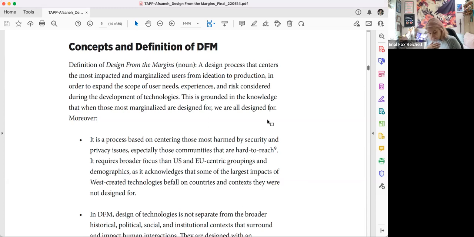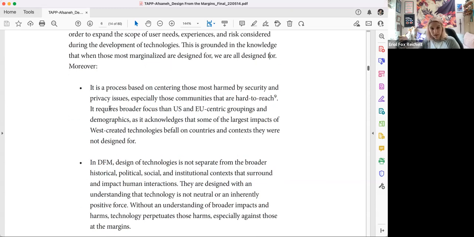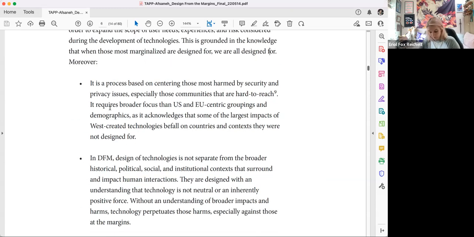I've put a note at the bottom of this page. It's a question, essentially. These two sections go on to talk about centering those most harmed by privacy and security issues specifically here, but then it broadly talks about human rights and legal, and it breaks things down a little bit later on.